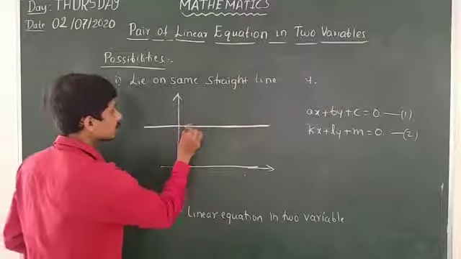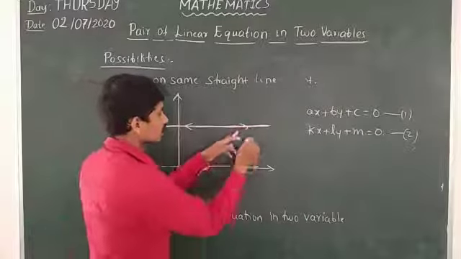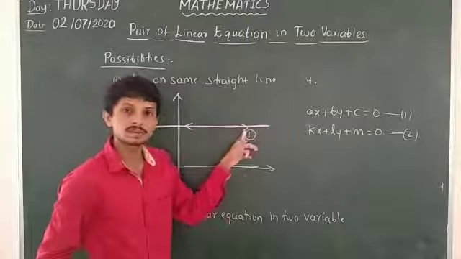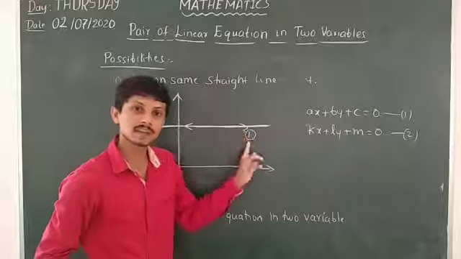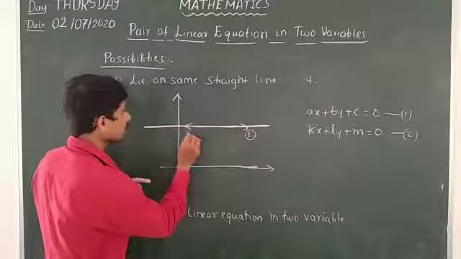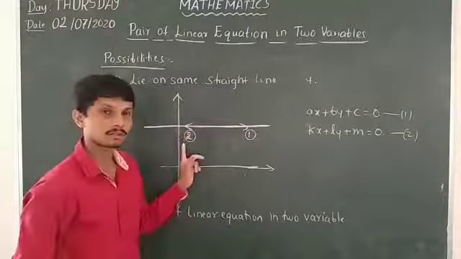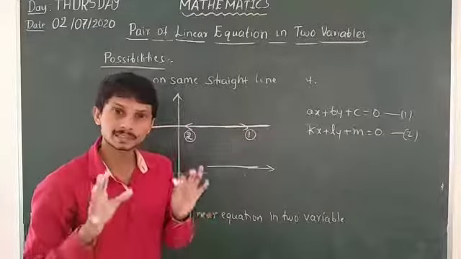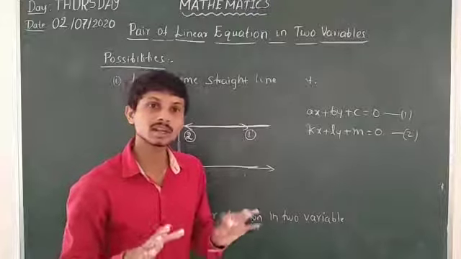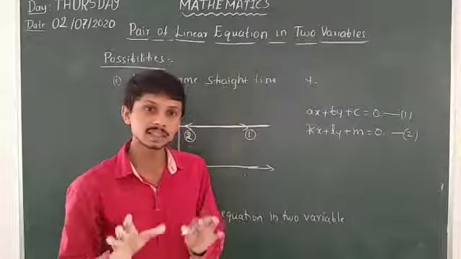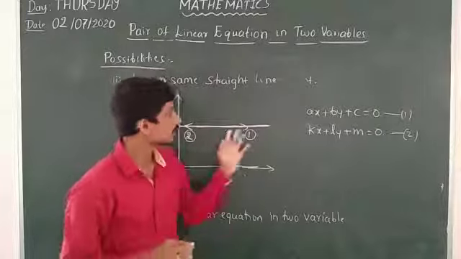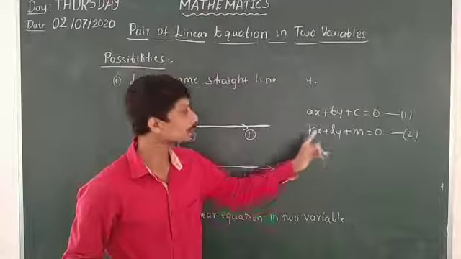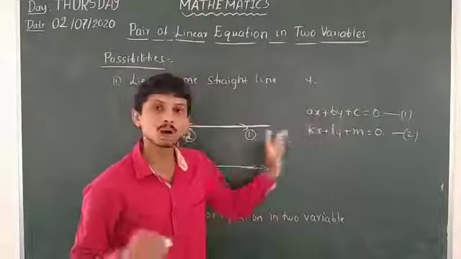This arrow mark shows the straight line for equation 1 and this arrow line shows the straight line for equation number 2. That means both lines lie on the same line. So all the solutions of equation 1 and 2 are one and the same.